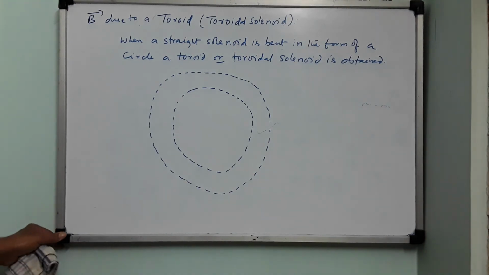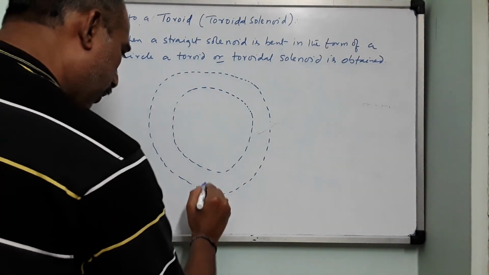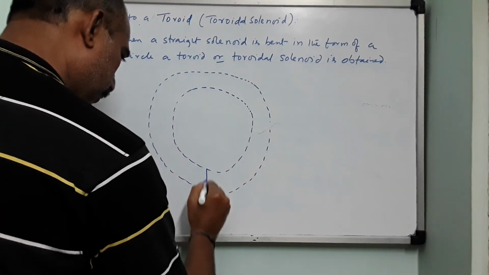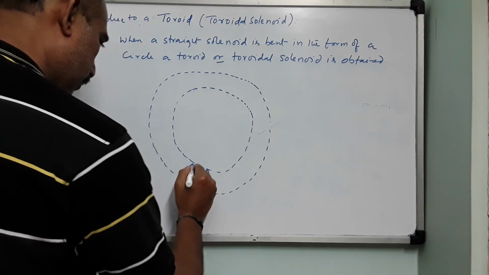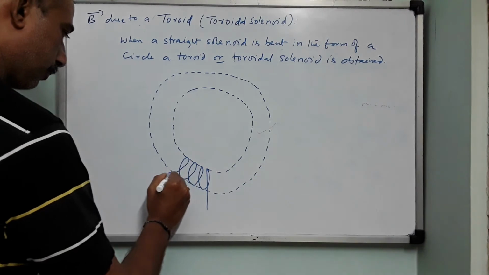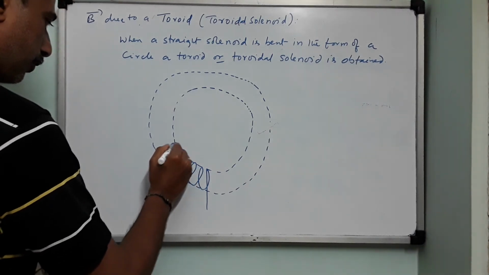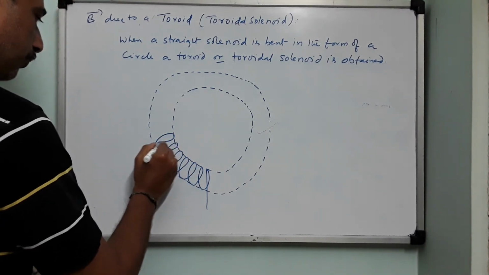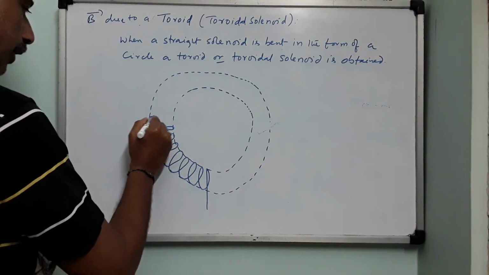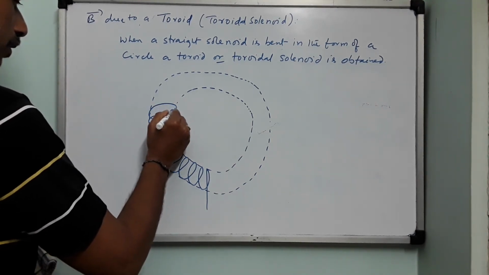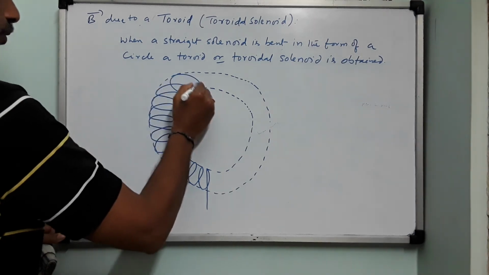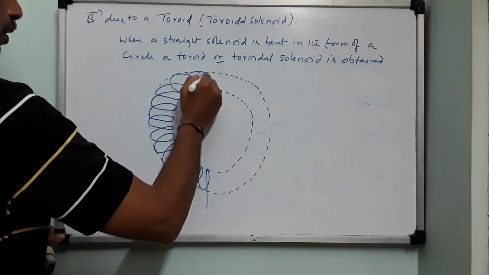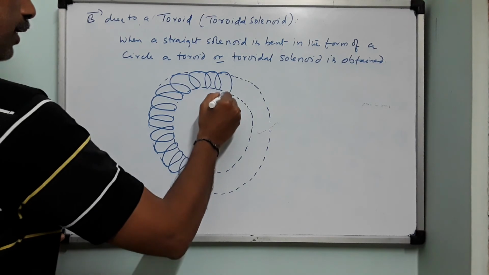Like this. Now I will begin my coiling from here. This coiling should take place only at the edges of the border lines. Slightly contracted here, children.